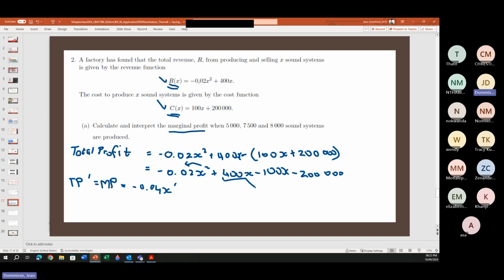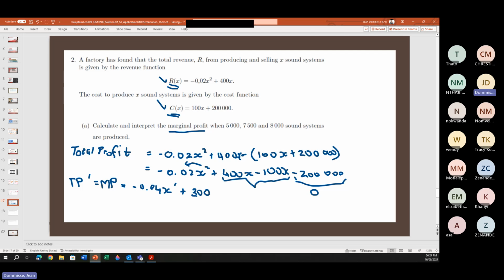Here we have 400x minus 100x, which is 300x. When we take the derivative of 300x, it becomes 300. And remember, the derivative of a constant is equal to 0. So we now have our marginal profit function: minus 0.04x plus 300.